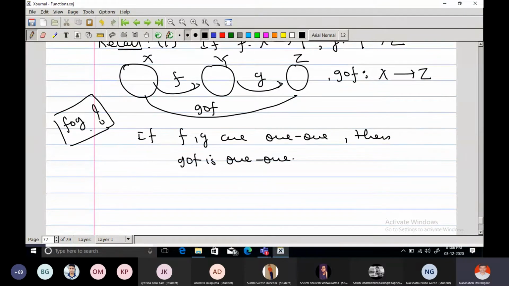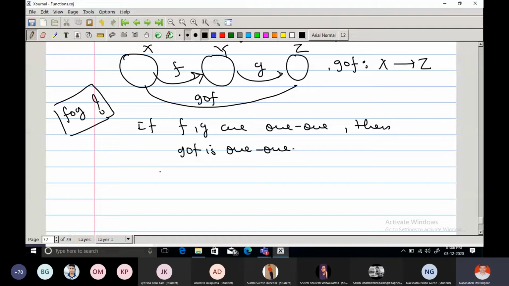Do you understand the question? Does f composite g make sense? Yes. What is the meaning of f composite g? That means first we apply g and then f.